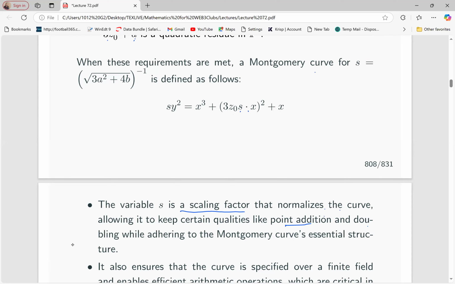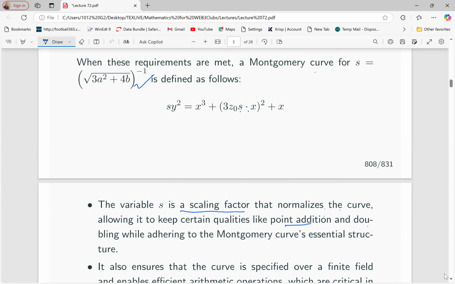It allows us to do point addition. It also allows us to do point doubling. So that is the essence of this scaling factor. When you read books, you'll find scaling factor. This is how we calculate it.